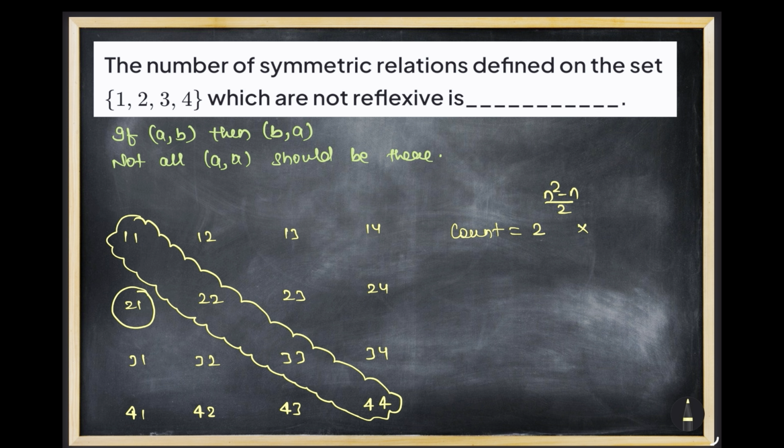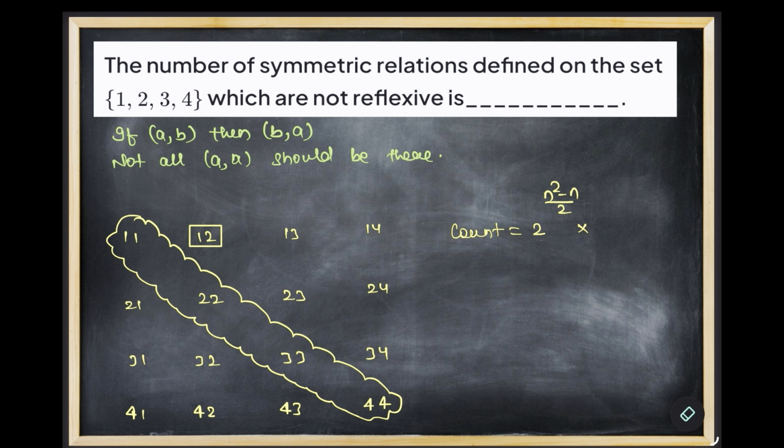For this element, if I ask you how many choices you have, you will ask me, sir, what did you do with this element? I will say that I have removed it. So if removed, you have one choice, that you also have to remove. So you have one choice in case 1. If I say I have kept this element, then you will say, okay sir, I will also keep it.